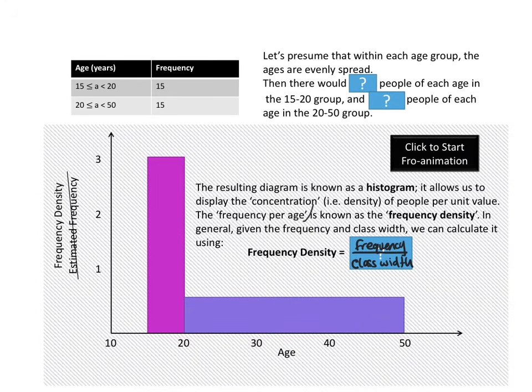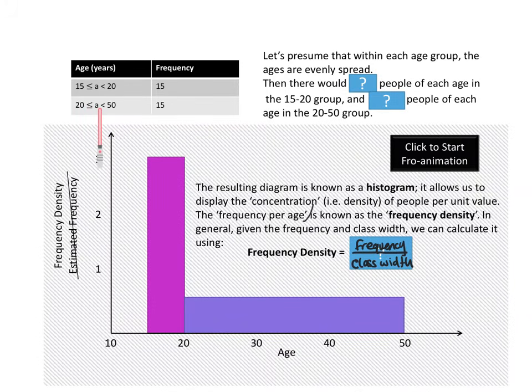So what we're going to do is, if we have a look at the age group, and we look at them spread evenly, we have between 15 to 20. So presumably, we've got 15-year-old, 16, 17, 18, 19-year-old. We're technically saying there's like 3 of each one, if it was evenly spread, okay? But from 20 to 50, we've got 15. So there's only a gap of 10, isn't there?